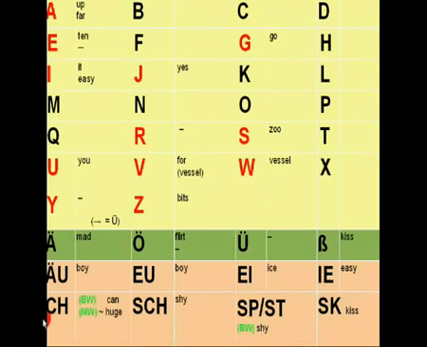So the letter combination CH we pronounce at the beginning of the word, which is why I wrote BW, like you guys in can, but in the middle of the word, which is why I wrote MW, we pronounce it quite like in huge, but not exactly like in huge.